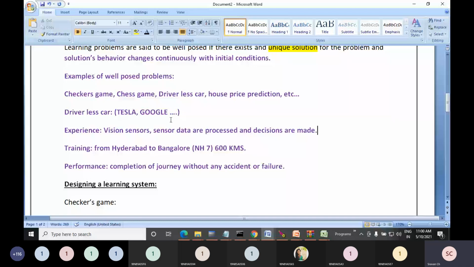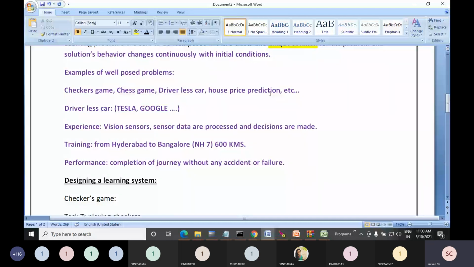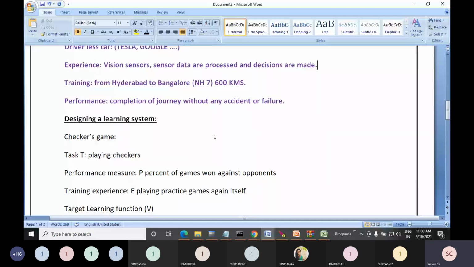So for every problem, if we can define these three things, then it is called a well-posed problem. From these three words, we can also derive the design challenges or design issues, which are discussed in a separate concept called designing a learning system.